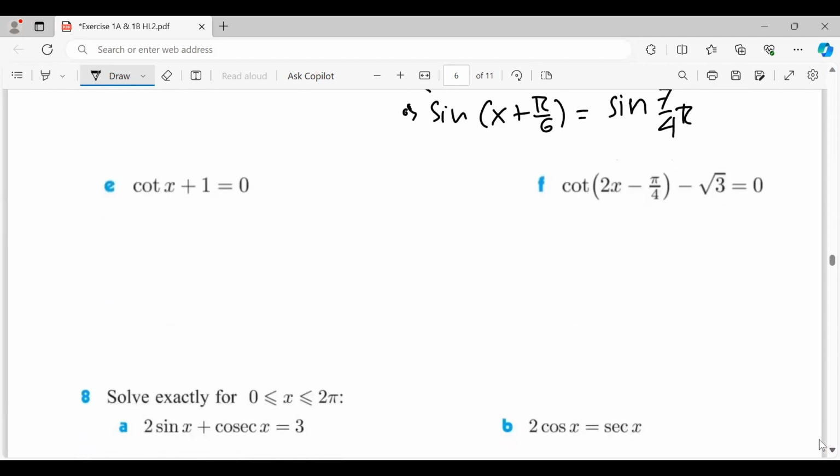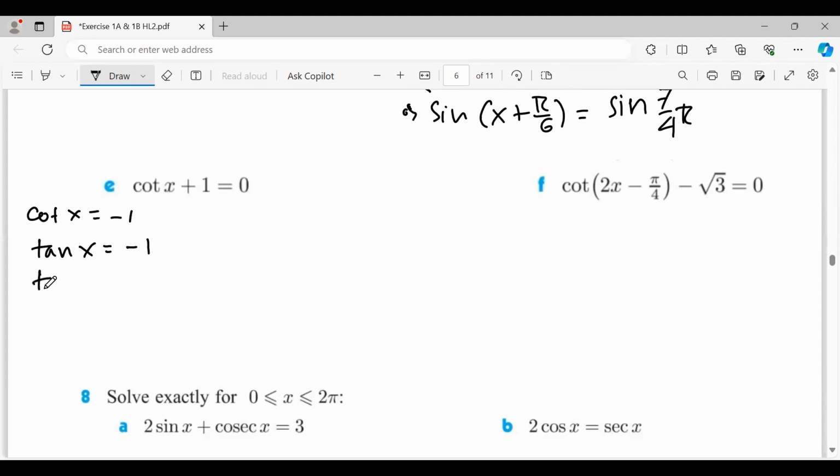Next, E. Cotangent x equals -1. Cotangent is the inverse of tangent, so it means tangent x equals 1 over -1, which is still -1.